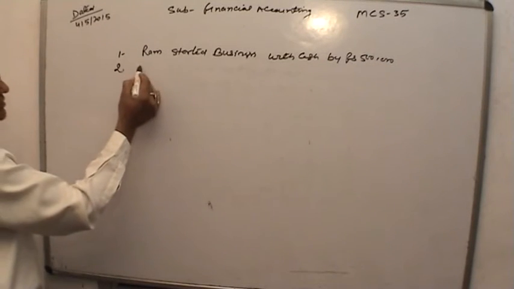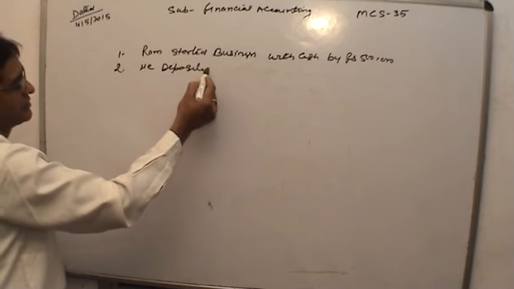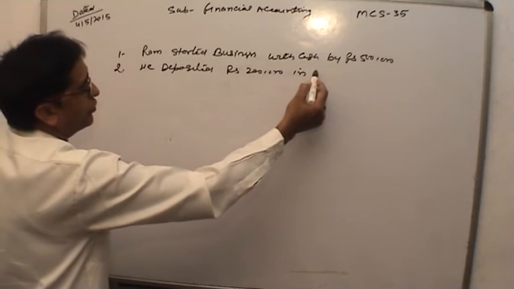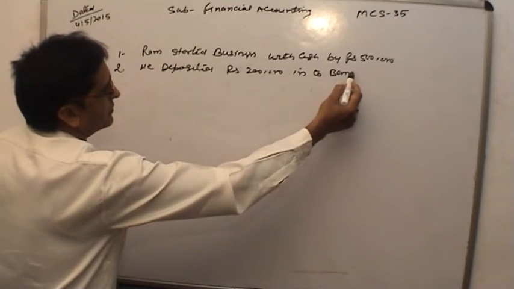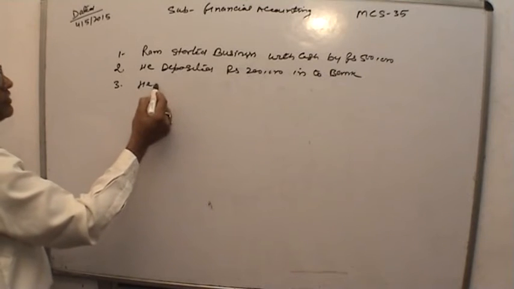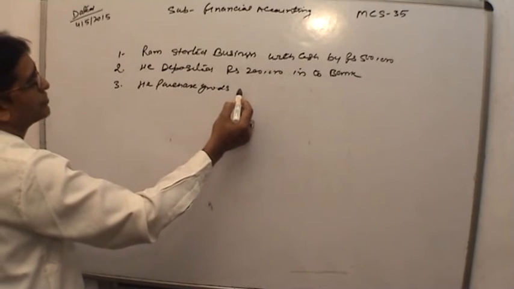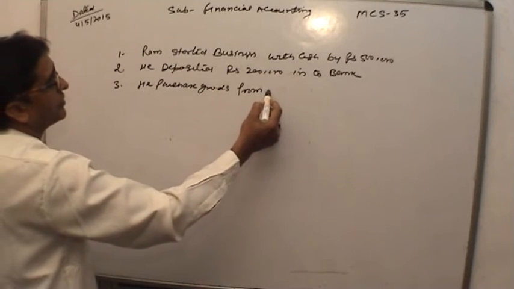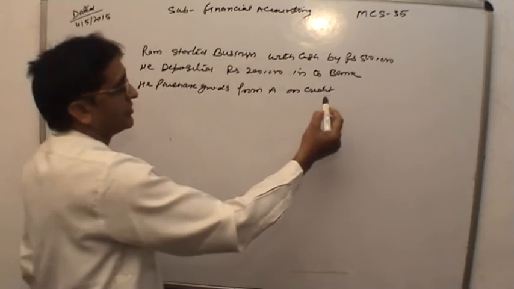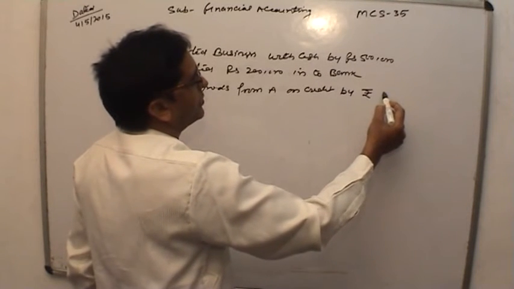Second transaction, he deposited rupees 2 lakh into bank. Then transaction number 3, he purchased goods from A on credit by rupees 2 lakh.